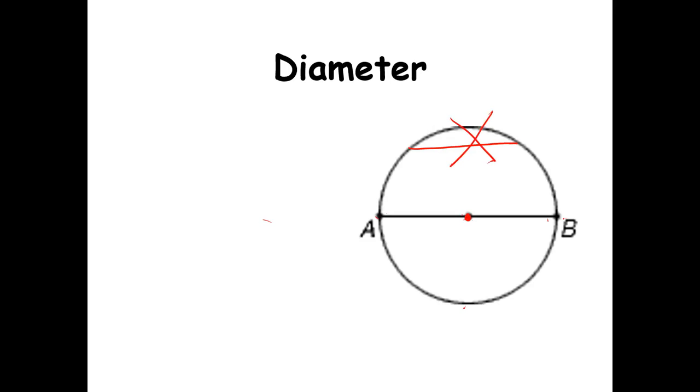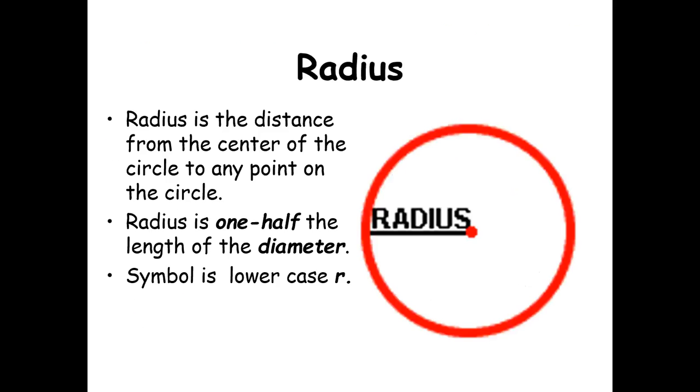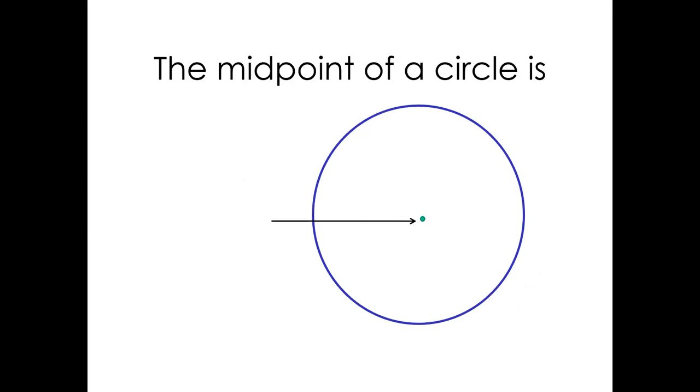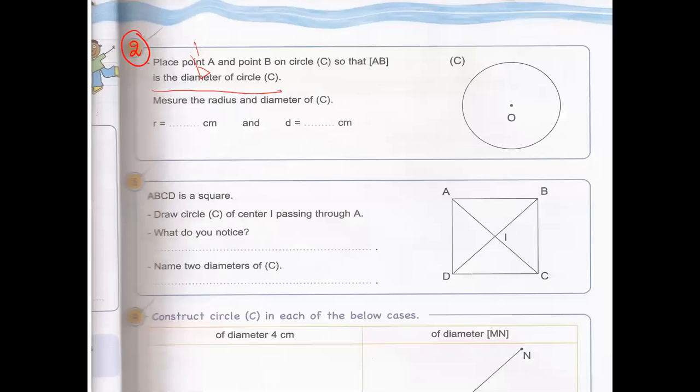Now let's go back to exercise 2 and draw this diameter, which cuts the circle in 2 equal parts and passes through the center O.